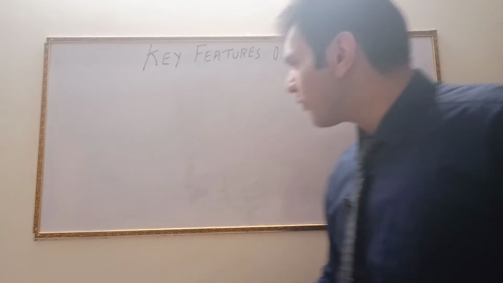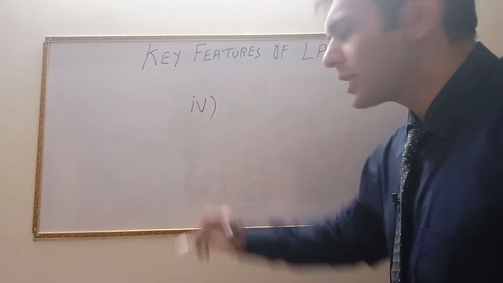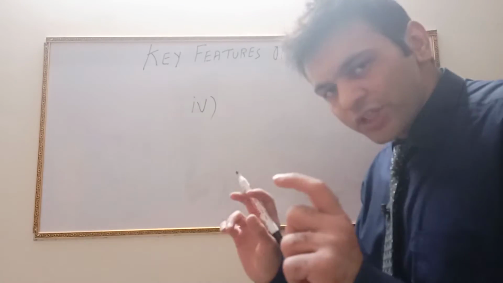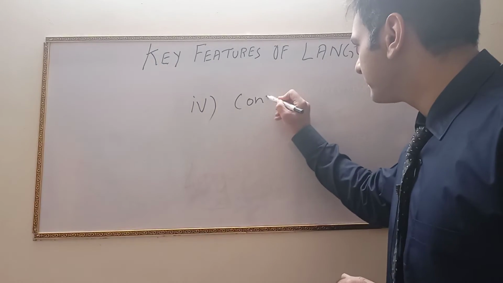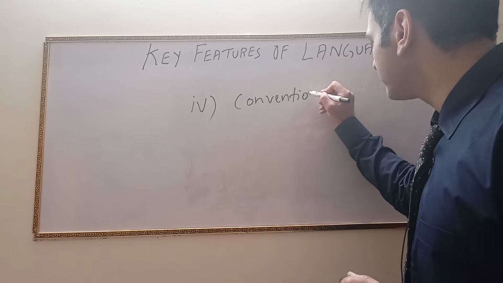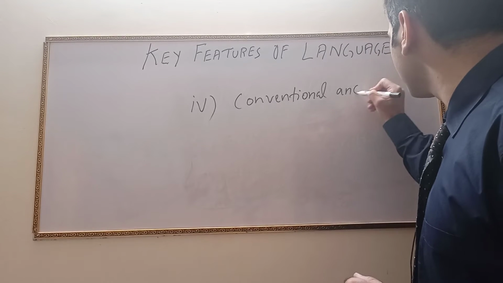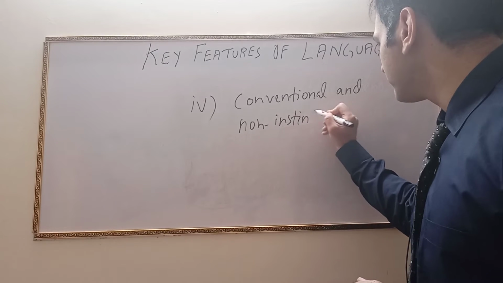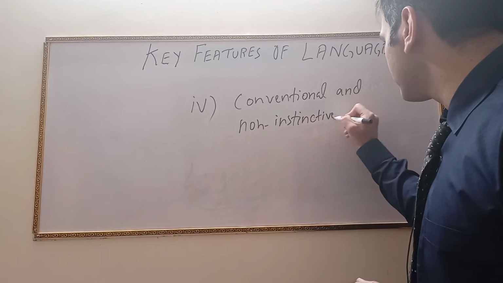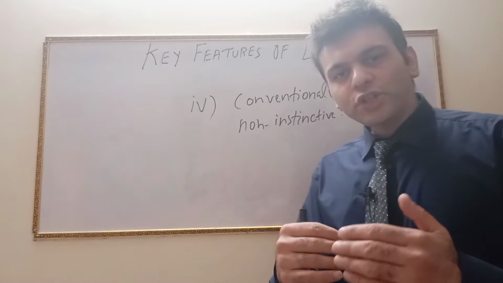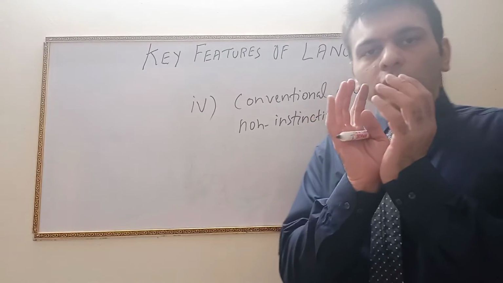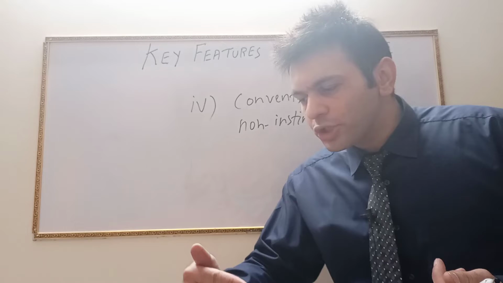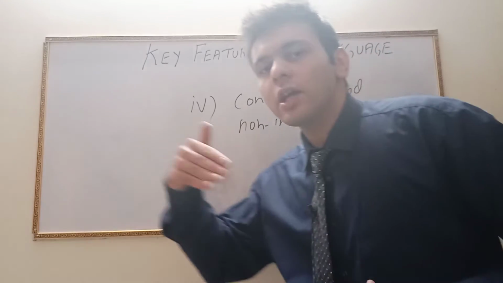The fourth feature of language is that language is conventional and non-instinctive. Conventional means that to learn or acquire a language, one needs to follow a particular route.